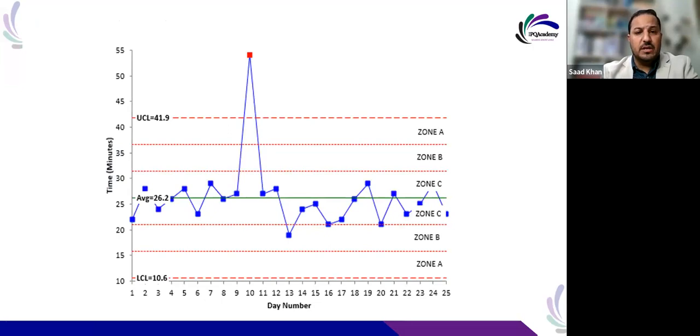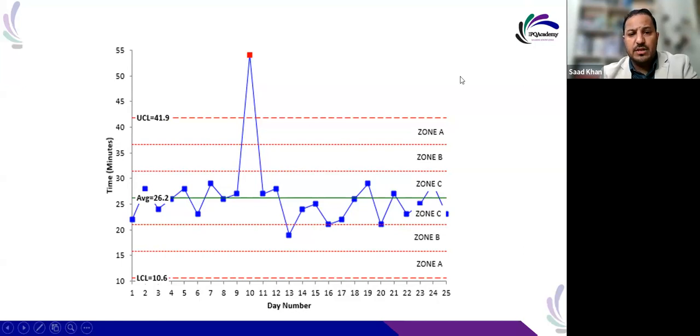Now you can see after plotting a control chart, it will look like this. Upper control limit, lower control limit. You can see one astronomical data point which shows an outlier in the process, which is a special cause, which requires your attention.